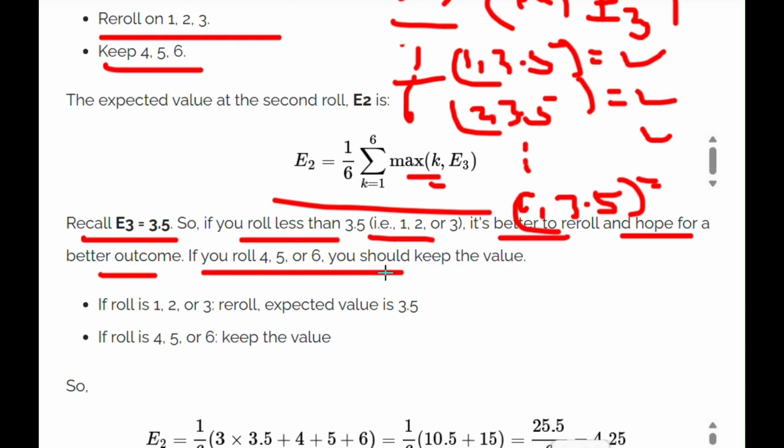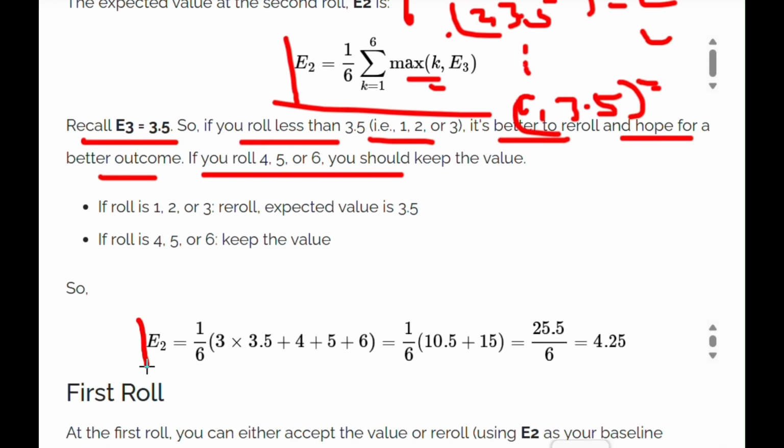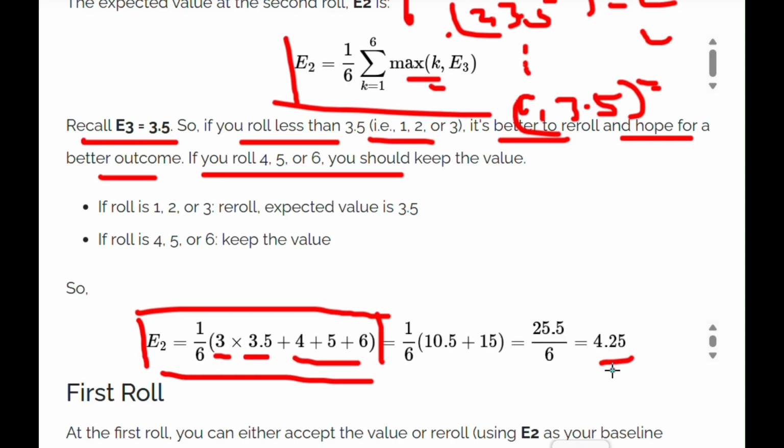If you roll 4, 5, and 6, you should keep the value. So this was our expression, and we expand this. The first three terms would be 3.5, and the last three terms would be 4, 5, and 6. So this gives us E2 equals 1 by 6 times 3 times 3.5 plus 4, 5, and 6. This is equal to 4.25. So the expected value of our second roll is 4.25.